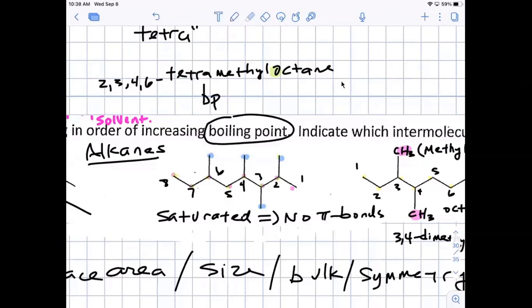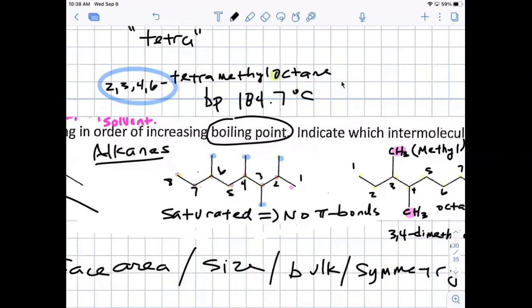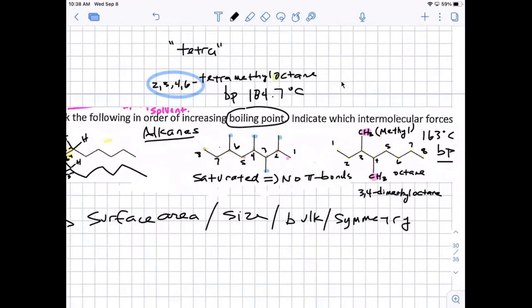And if you can't find this particular isomer, just look up tetramethyl octane, because the boiling point is probably going to be similar for any of those isomers. I got 184.7 degrees Celsius. That's just for the tetramethyl octane. That's not the exact isomer. Okay, we'll take it.